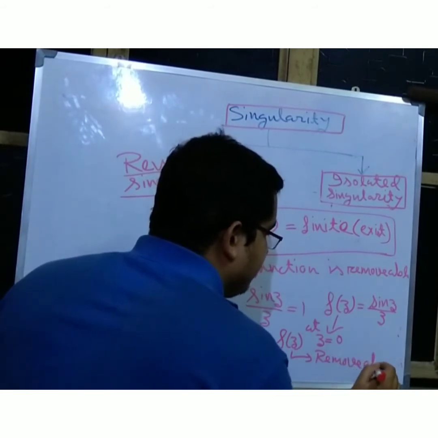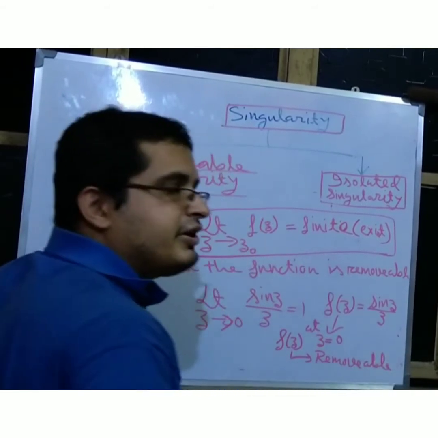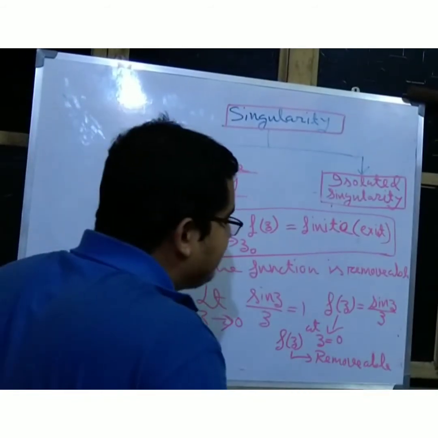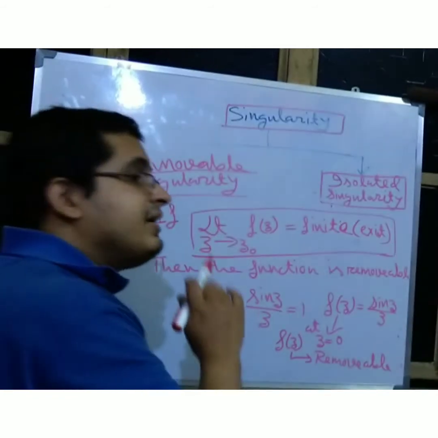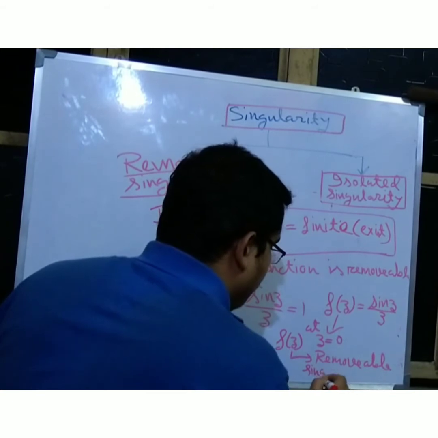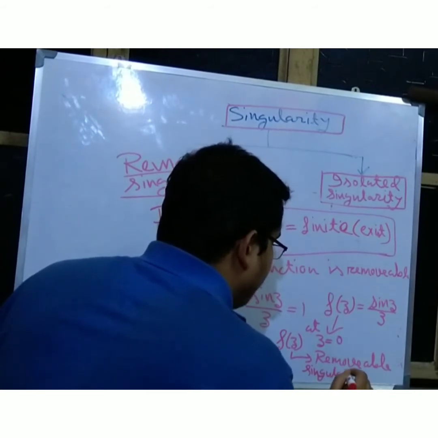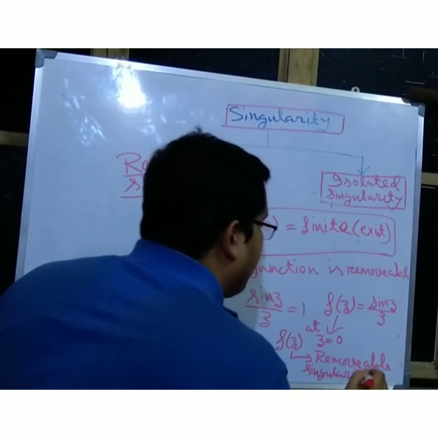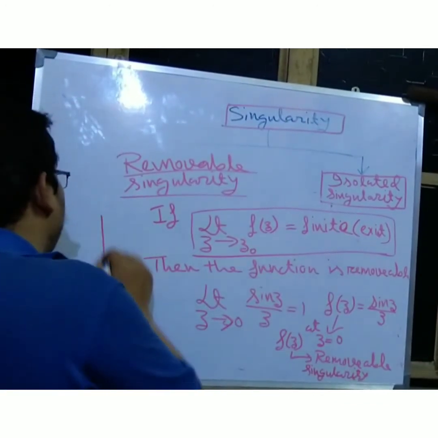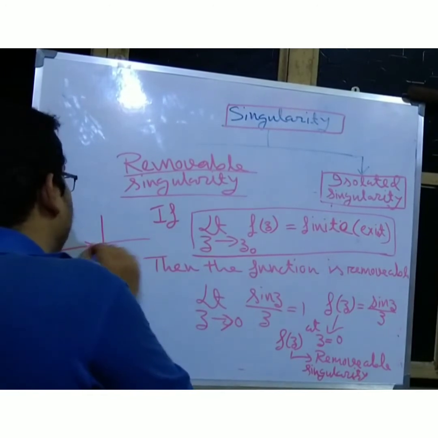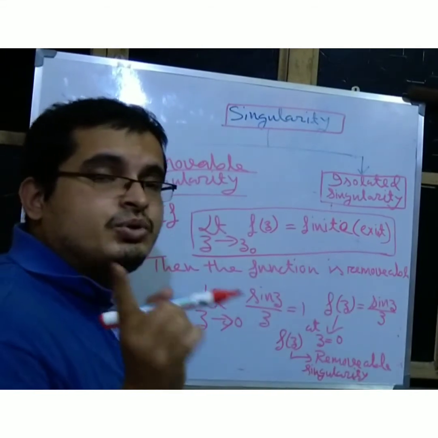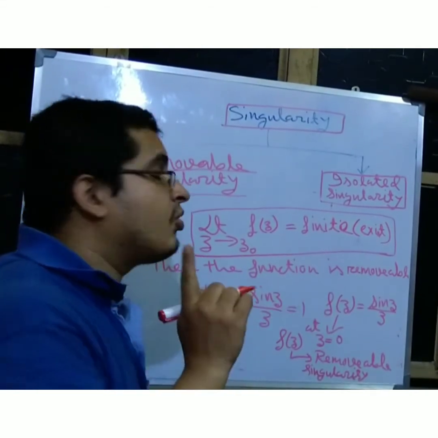So friends, in real analysis you know that there is removable discontinuity. Similarly, in complex analysis, we get removable singularity. The same idea applies in complex analysis and real analysis, but in real analysis there is only one line, while complex analysis is on the complex plane. This is the difference between real analysis and complex analysis.